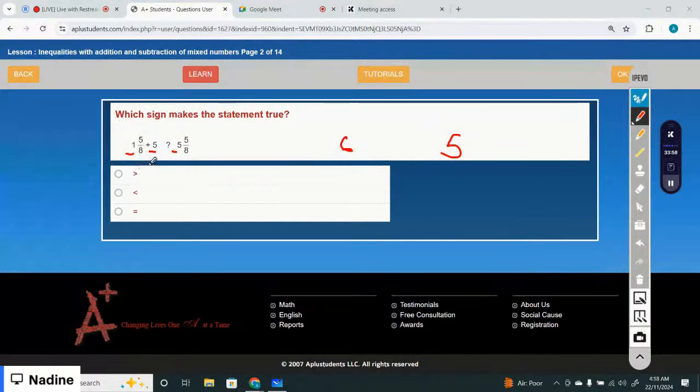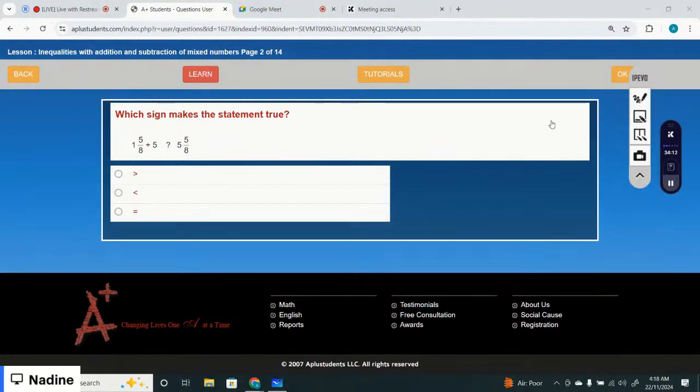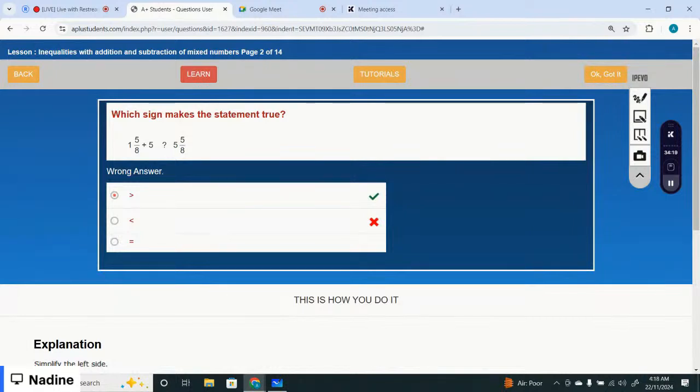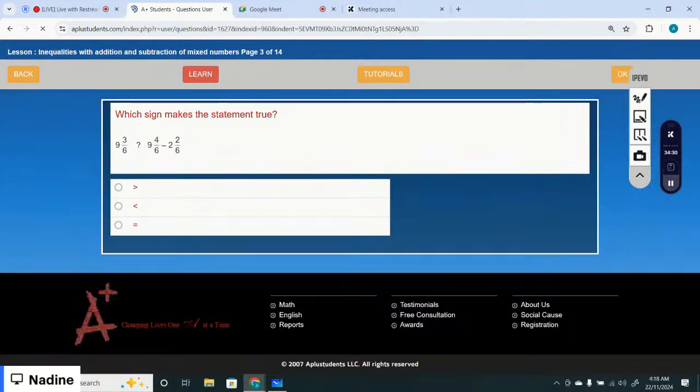That means the first one, 1 whole 5 by 8 plus 5, is less than 5 whole 5 by 8, isn't it? Oh, sorry, 6 is greater than 5. So greater it is. Sorry. Greater, okay, got it.